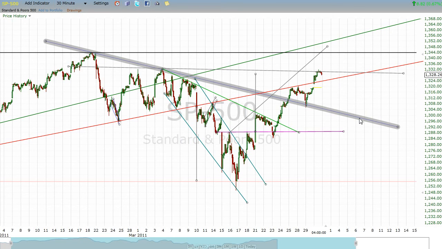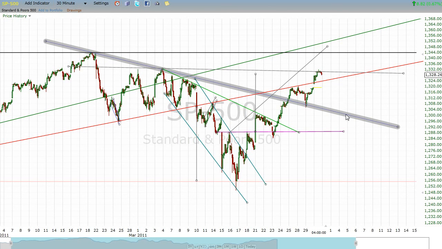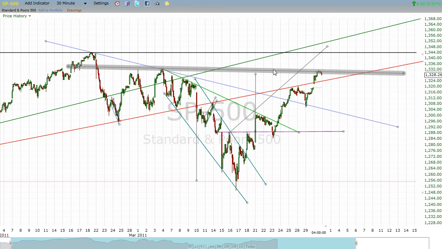If this breaks and we come down and test this blue line again, then that is when I would look for the possibility of a good bounce on this line, and then heading back up, possibly to test what would at that point be a potential neckline in an inverse pattern.